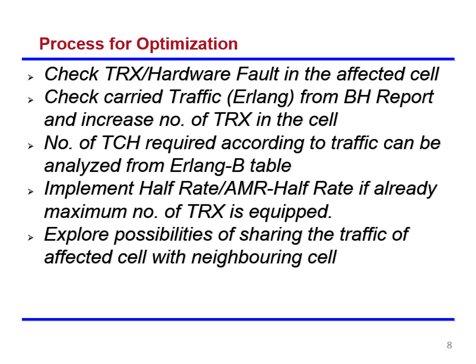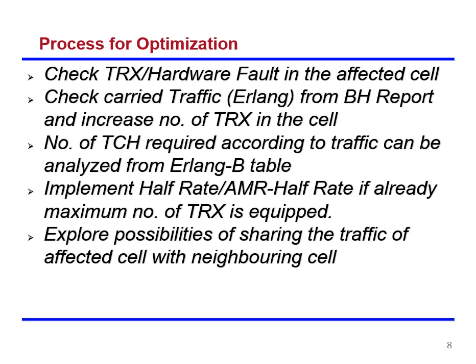And of course if congestion is there, what are the different steps? Obviously the TRX should be increased. But before increasing the TRX, you have to check the existing TRX. The TRX, the transceivers, are nothing but the capacity building blocks of the 2G base station BTS.